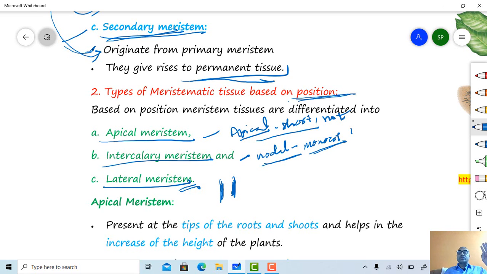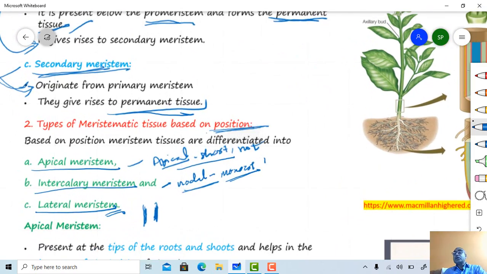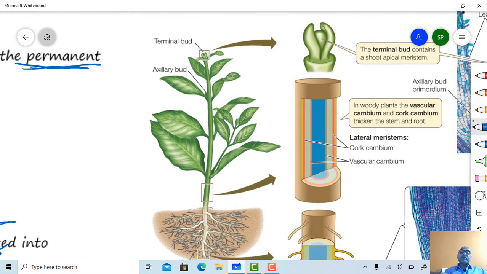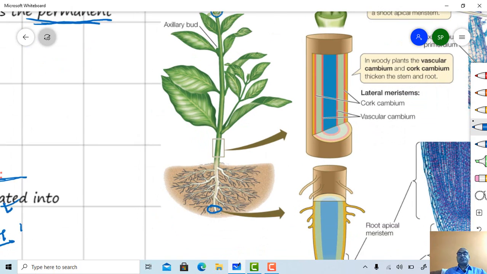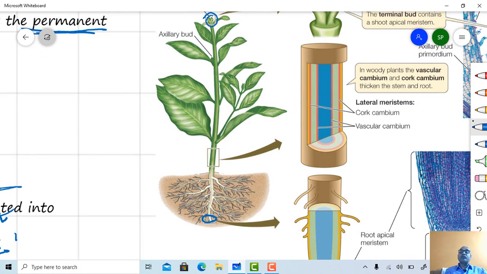So based on the position, there are three types of meristem. The apical meristem will be present at this position, or it may be present at the tip of shoot or at the tip of root. This is the region that will again be considered an apical meristem.